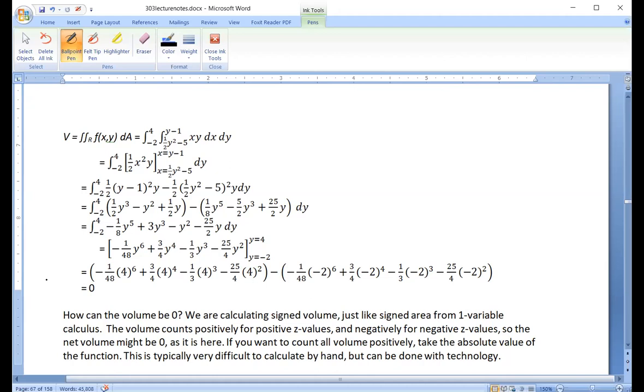Negative z-values give you negative counting volume. So in a sense, we're counting net volume, or signed volume, which might be 0. Hypothetically, if you wanted to count all volume positively, you'd have to do the double integral of the absolute value of the function. For functions of two variables, this is incredibly hard to do by hand, so you could use technology for that.